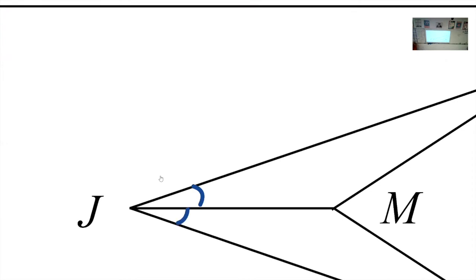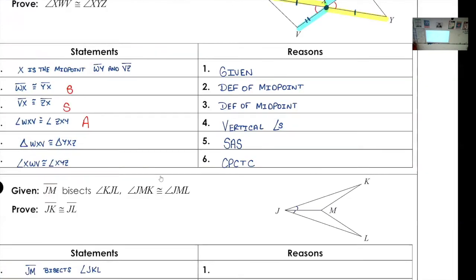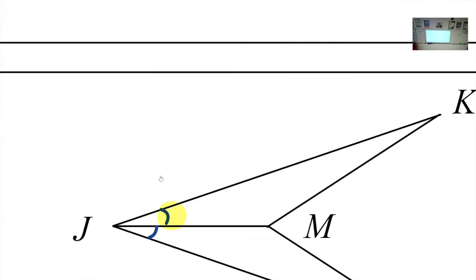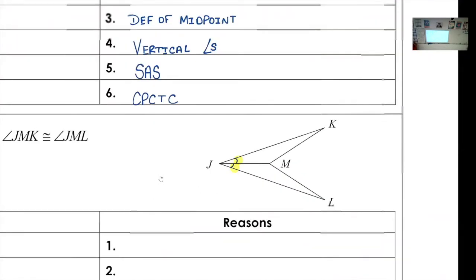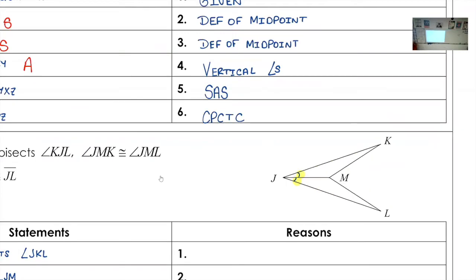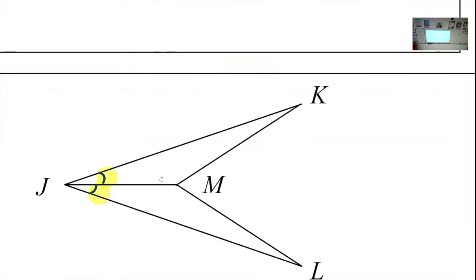So those two angles are indeed congruent. Okay, and then it tells me angle JMK is congruent to angle JML.